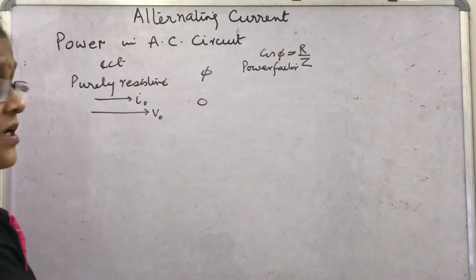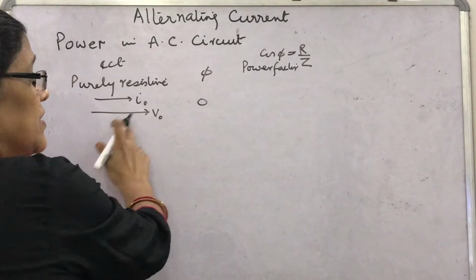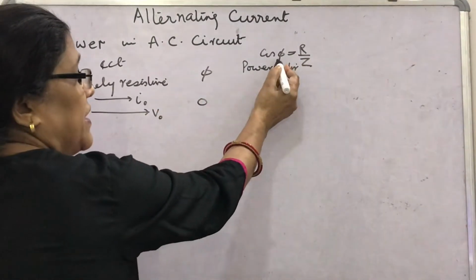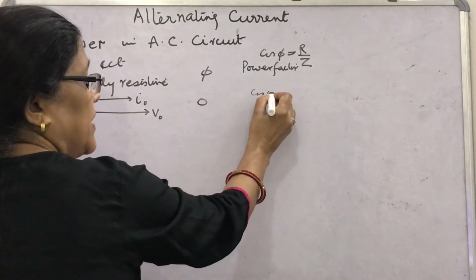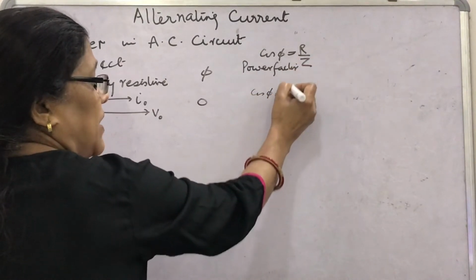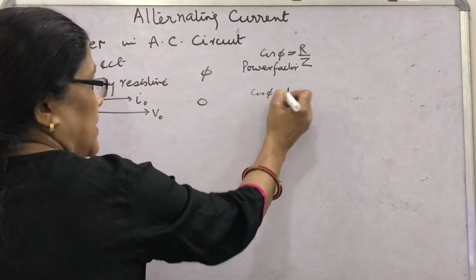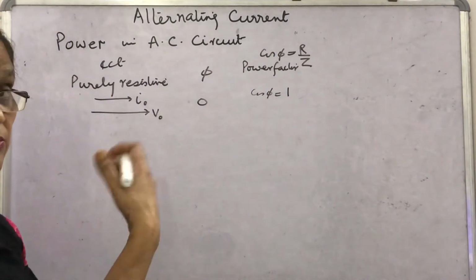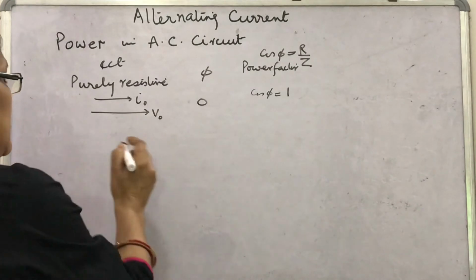Impedance. In purely resistive circuit, impedance is same as resistance. Cos phi is what? You know, cos phi is Z equal to R, then this is 1. That means phi is 0. So, maximum power is dissipated.